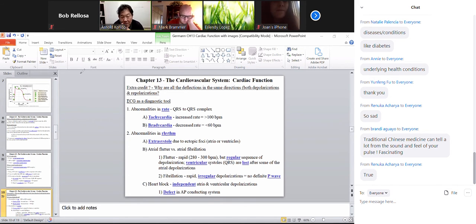In a very simplistic way, Eslendi, you're giving me the actual book definition. But the question that I pose to all of you guys is, Eslendi's given us a directional aspect of depolarization and repolarization, but does that really describe or explain why this is a depolarization event and this is a repolarization event?